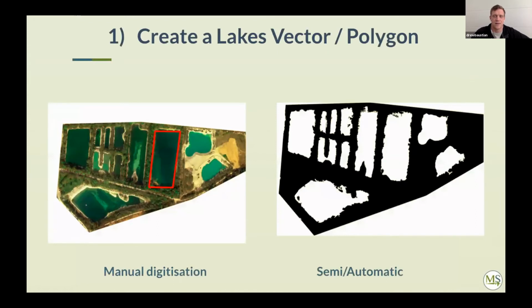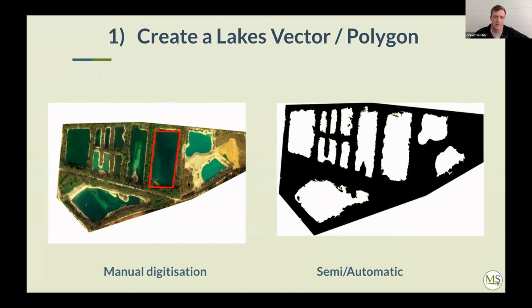This is an example of showing how you can use the data to track activity of algae growth over the course of the summer. What we did here is we flew these man-made lakes, and we did manual digitization of it.